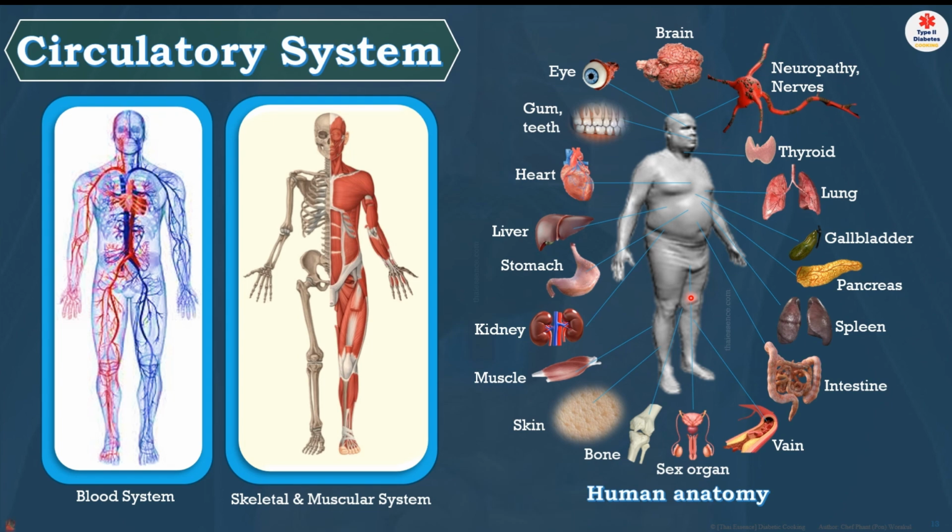You're going to maintain and repair all the damage on your organs. So we're going to go into that. But this is what you need to know: the blood system, the skeletal and muscular system, and the human anatomy. Just pay attention a little bit to know where the position of things are, and then it's easier for you to understand the next step.